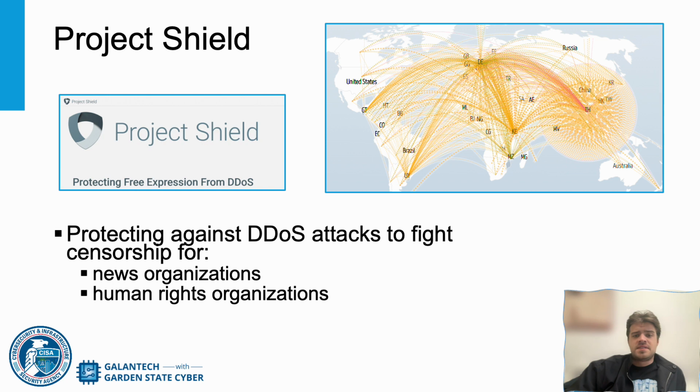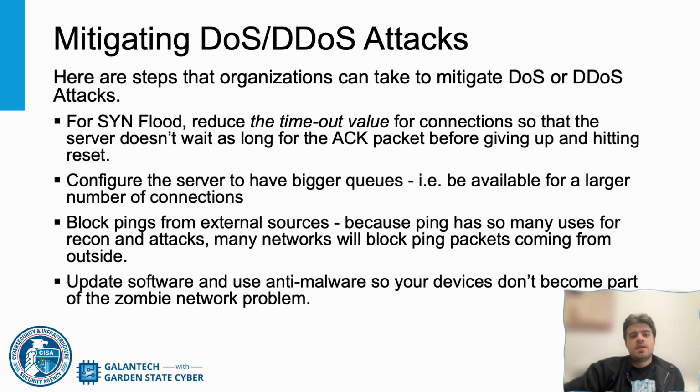Corporations or other entities needing this kind of protection have to purchase it. Project Shield is a project from Jigsaw, which is actually a group within Google. And according to Google itself, it says that Jigsaw explores threats to open societies and builds technology that inspires scalable solutions.